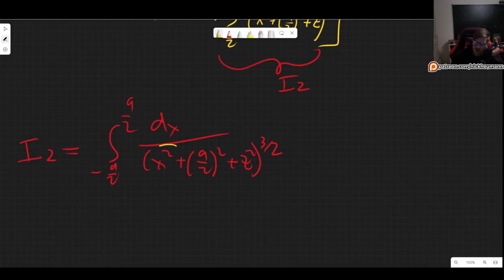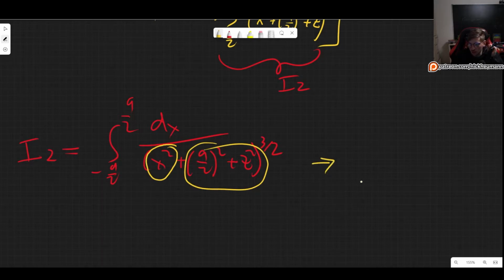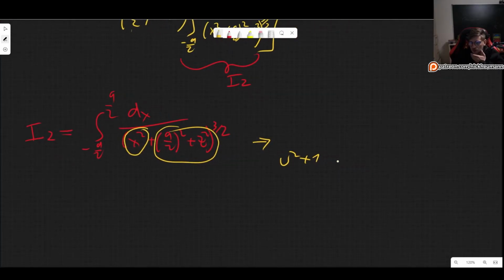Whenever you see that in the denominator you have x squared plus a constant, you can almost always go to x squared plus 1, or perhaps instead of x, rather u squared, a different variable. And whenever you have something like u squared plus 1, you can use another substitution to go to tangent squared of theta plus 1.